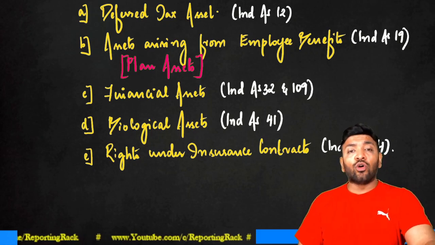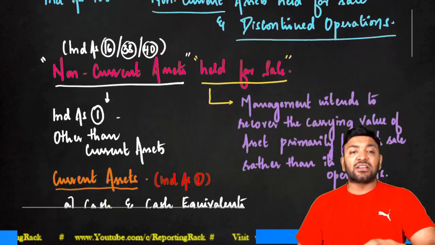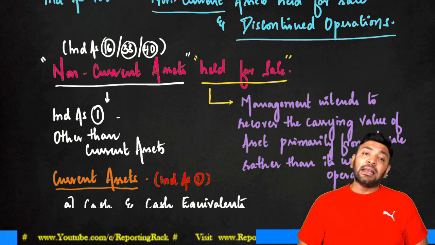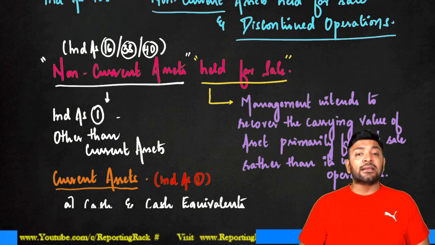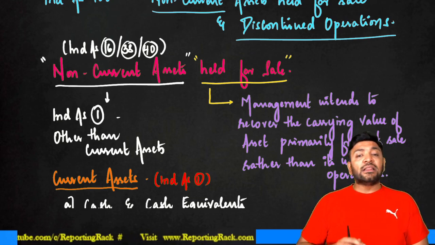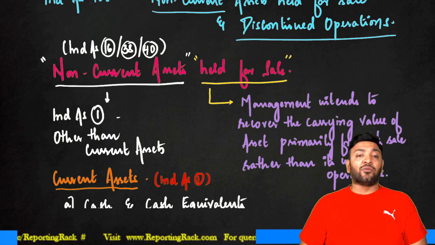So the only other non-current assets left to be discussed as a part of the standard are Ind AS 16 property, plant and equipment, Ind AS 38 intangible assets and Ind AS 40, which is your investment property. Only these 3 assets fall under this category of non-current assets held for sale.